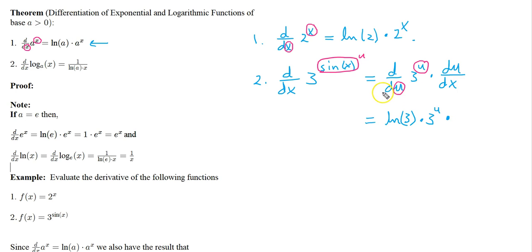This piece just became this part right here. And now u is sine x, so du dx is going to be cosine of x. Then just substitute what u is back in here, and we get our final answer.